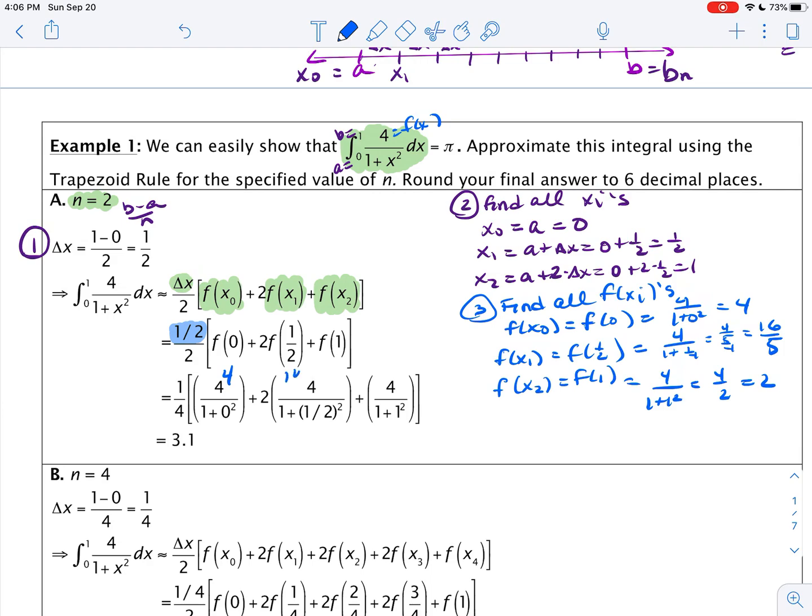This would be our 4, and plus 2 times 16/5, and then plus 2, and we distribute and we calculate, and we end up with 3.1. And that's pretty darn close to 3.14159, which is close to pi.